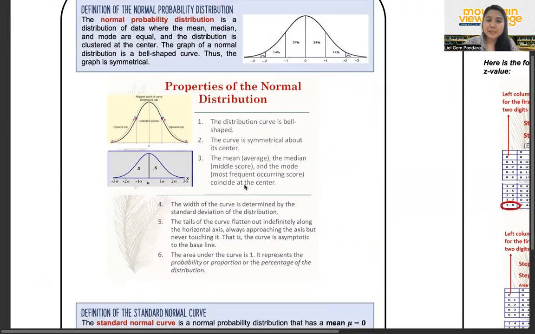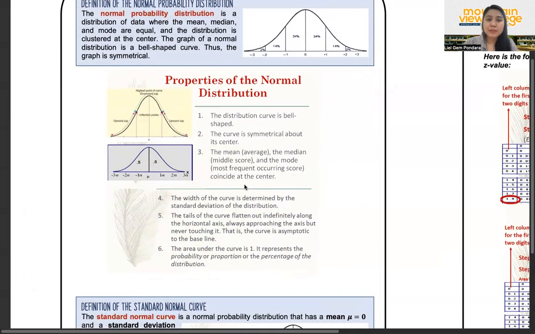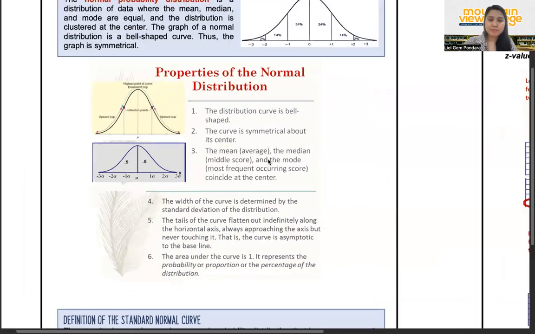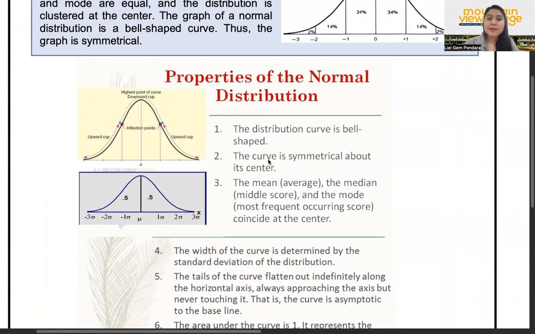Now, here are some properties of a normal distribution. The first property is the distribution curve is bell-shaped. It can be a high peak, it can be flat as long as it is bell-shaped.